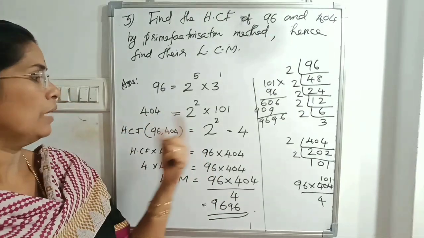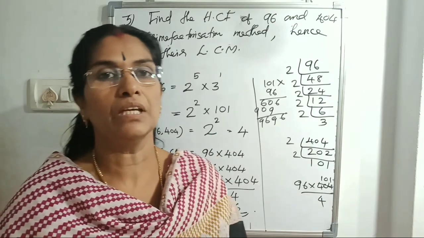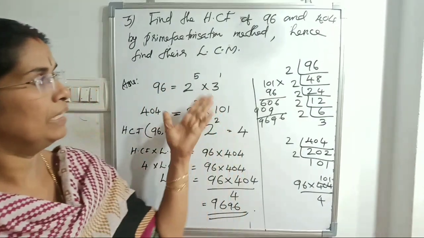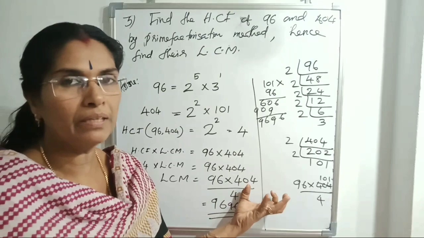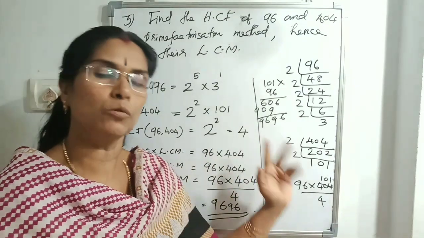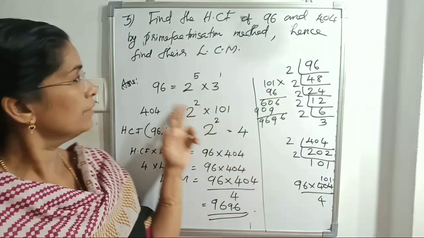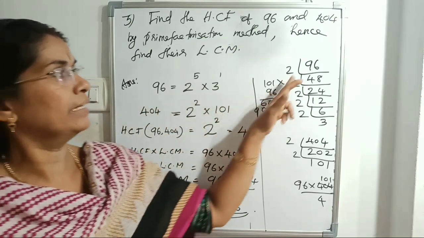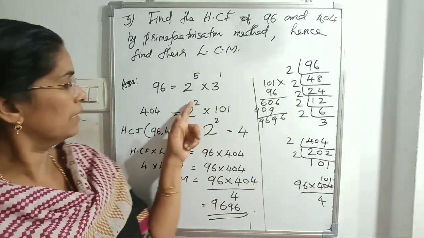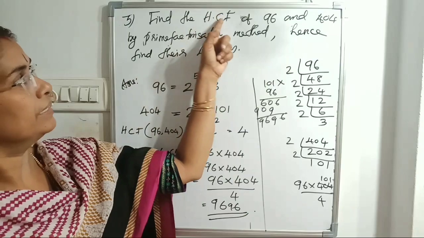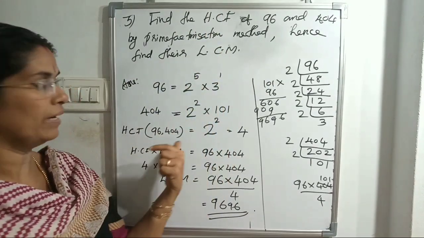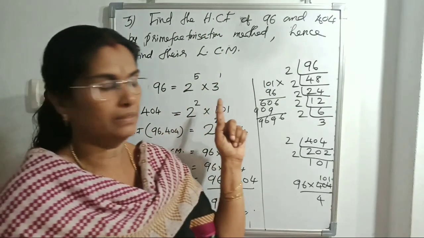Product of two numbers is equal to HCF into LCM. So I will explain one more time, this is very important. Sometimes it is a one word question, sometimes a 2 mark question also comes. See, first you have to write the prime factorization. After that you find what they are asking, HCF or LCM, using that earlier method.